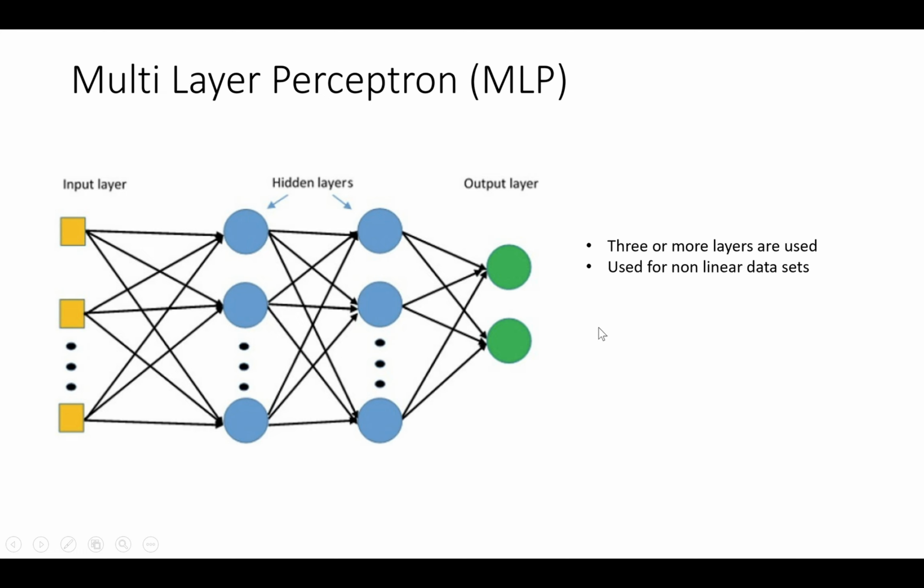Then outputs are obtained. This type of neural network is more suitable for non-linear datasets, where the changes are not easy to understand for a simple network like a single layer feed-forward neural network. Hence, datasets having non-linear patterns can be analyzed better using a multi-layer perceptron.